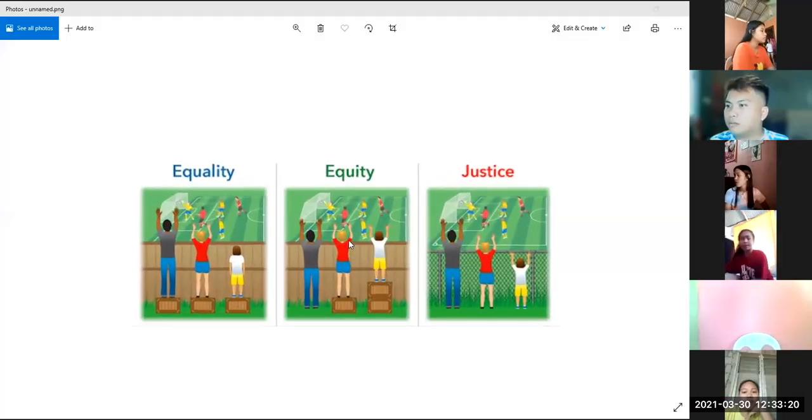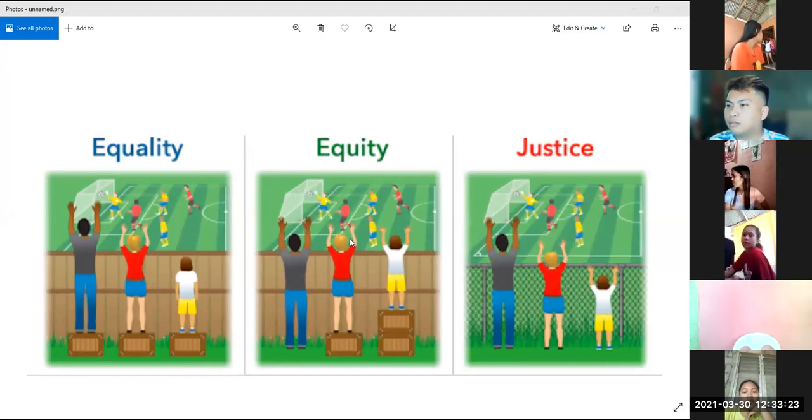Okay. Equality means you're providing equal opportunity. Equity means you are trying to elevate, you are trying to provide opportunity depending on their situation.